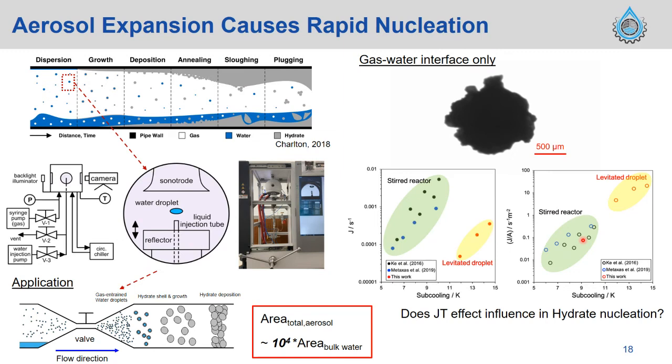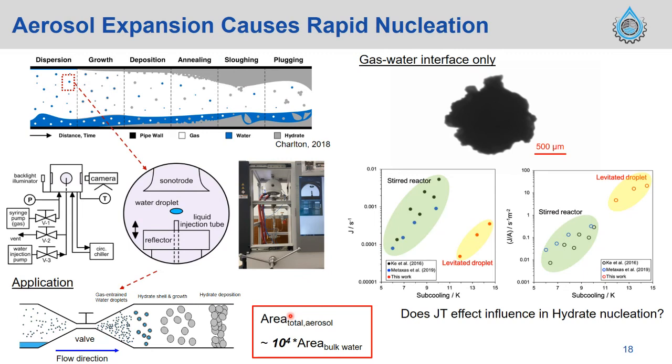This could be some kind of combined effect, but in this case, I assume we injected 500 milliliters of water in the JT loop, and I compared the area of the bulk water to the aerosol at the same amount. Our nozzle gives 10 to 100 microns water droplets.